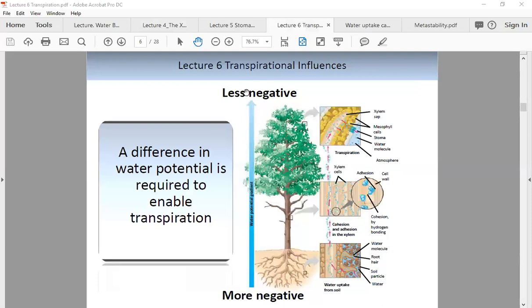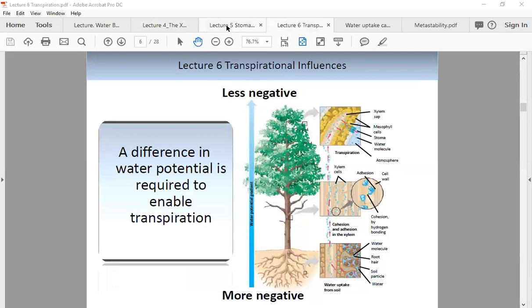Very negative. It may be in the order of negative 100 in the atmosphere. Okay. Yeah, absolutely. Yep, negative 200. Well, that's really, really low, but you can see what I mean. You can see that enormous difference in water potentials from high water potential down here, yeah, maybe a bit too much, to very, very low, in other words, a very negative number in the atmosphere.